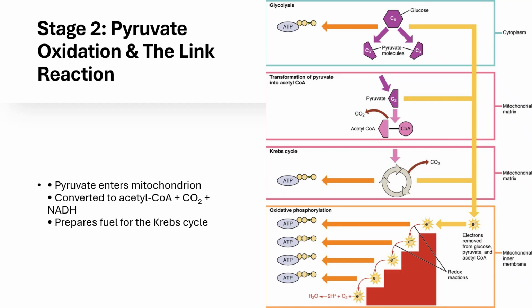This is the handoff phase, like passing the baton to the main race cars inside the mitochondria. Acetyl CoA is then the actual fuel for the Krebs cycle. Without this step, the big ATP yield later simply wouldn't happen.